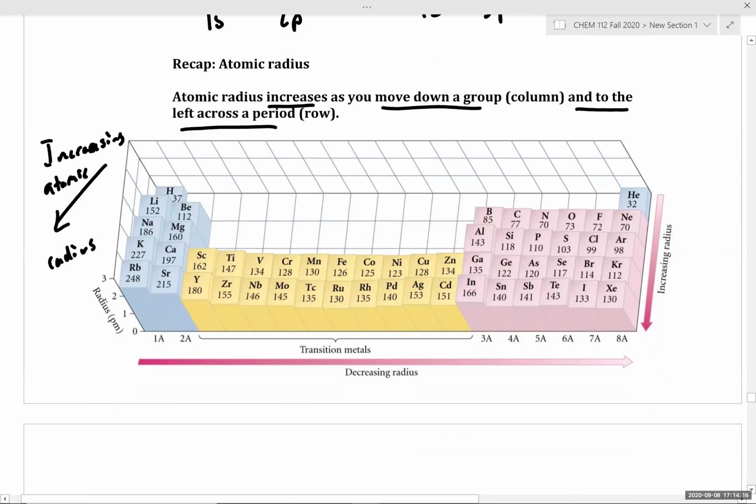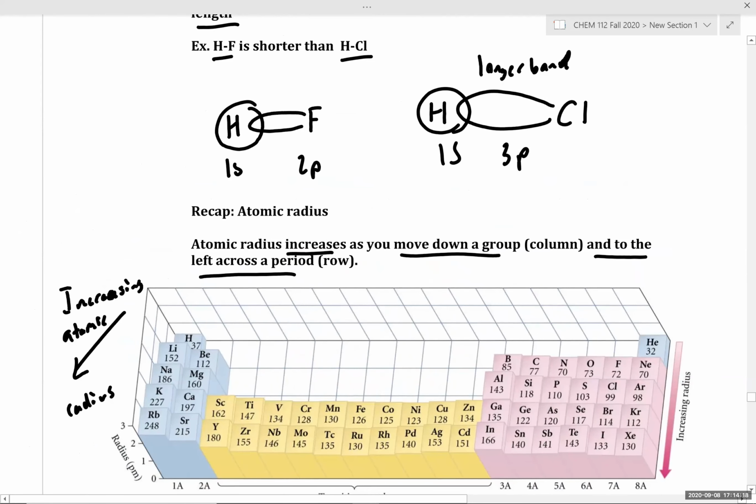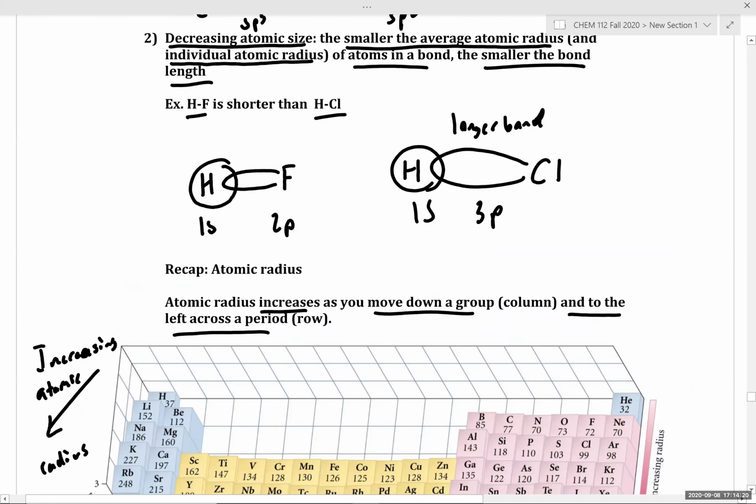Now, this brings up a really important point that I may want to write out here. If we compare a hydrogen-fluorine bond to a hydrogen-carbon bond, we know that the hydrogen-fluorine bond is shorter. Why is that? If we compare the radius of carbon and fluorine, carbon is a larger atom, has a larger atomic radius.